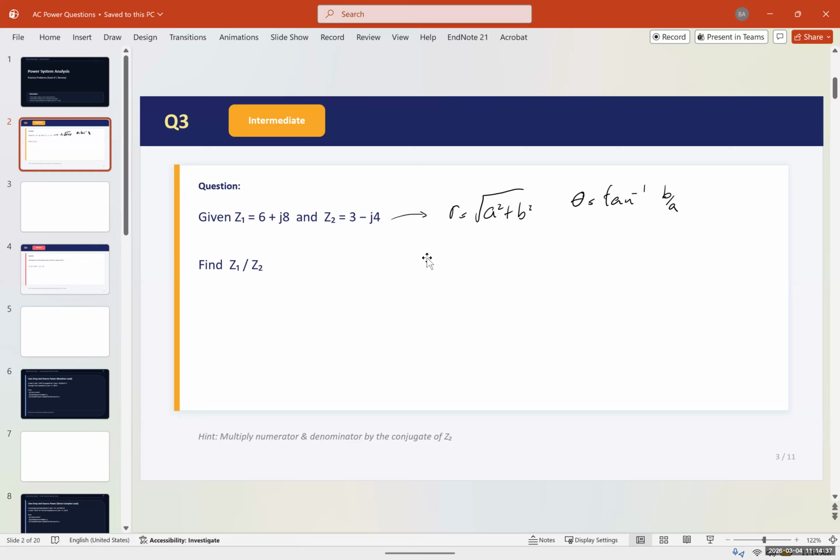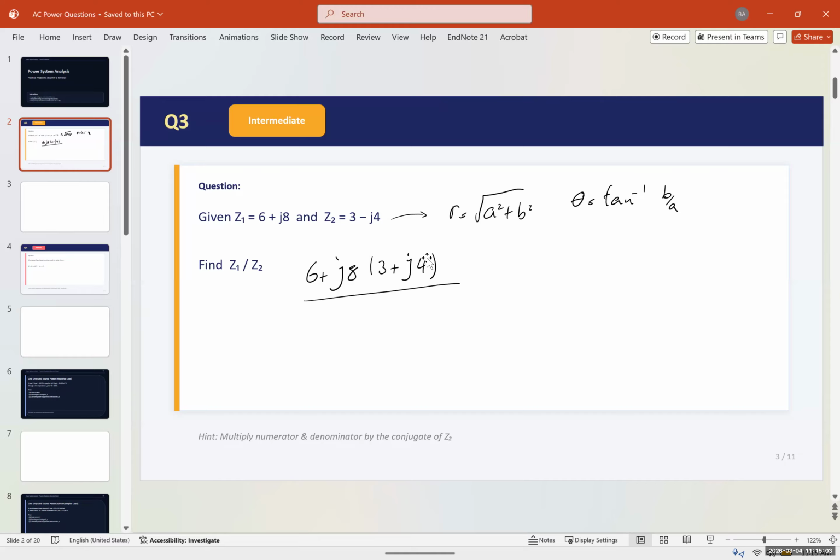Another way to find it is to multiply the numerator and the denominator by the conjugate of Z2. You can do this when it's not a very complicated complex number.